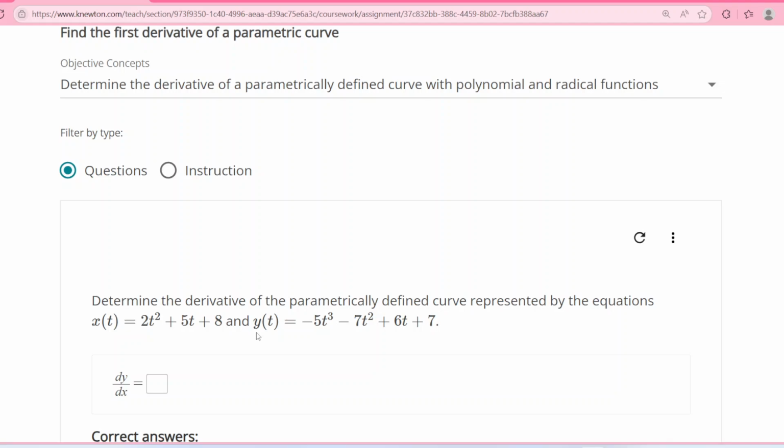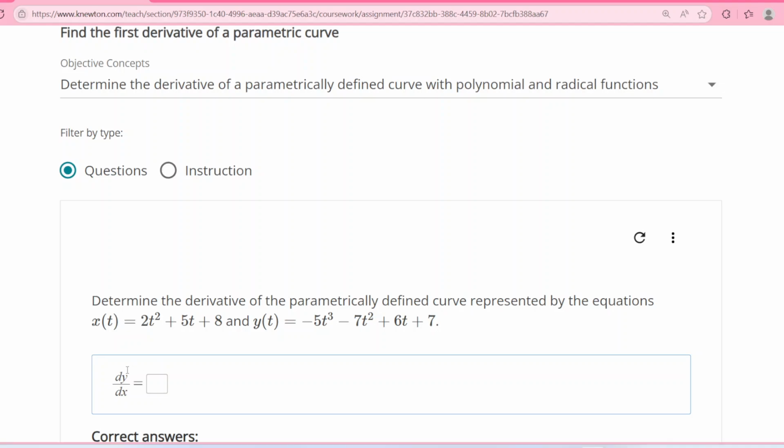And the y coordinate of any position on the curve in terms of this t parameter is calculated as negative 5 times t cubed minus 7 times t squared plus 6t plus 7, another polynomial.